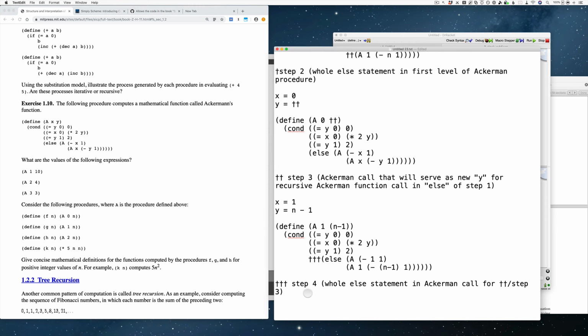But the way it was playing out, it was getting n minus 1 and n minus 2, and so it seemed like from that way of doing it, that I wasn't gonna be able to figure it out.